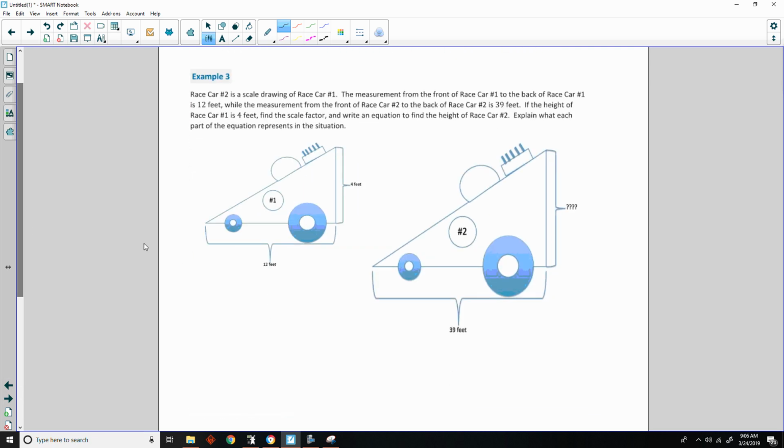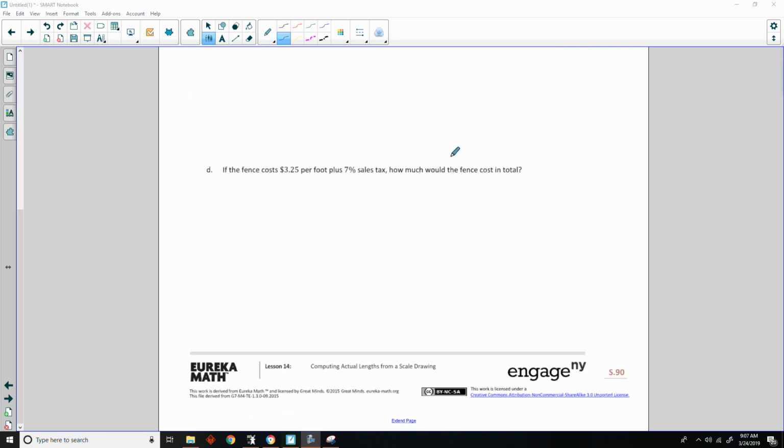Example 3. Before I go to example 3, though, we have to do part D. Part D says, if the fence costs $3.25 per foot plus 7% tax, how much would the fence cost in total? So $120.